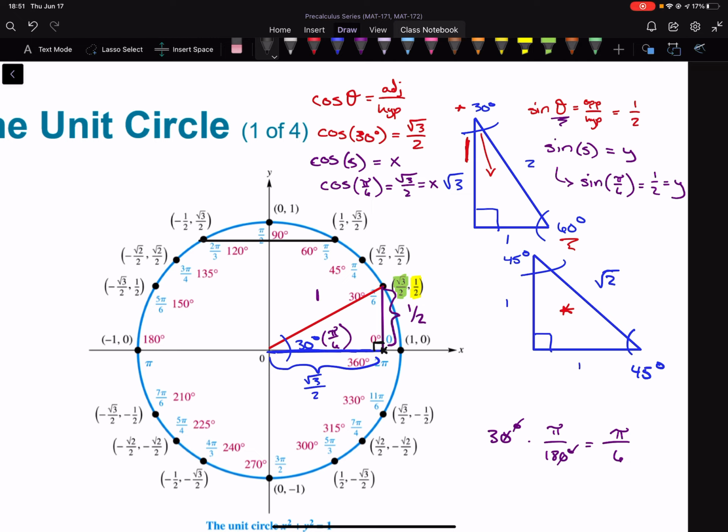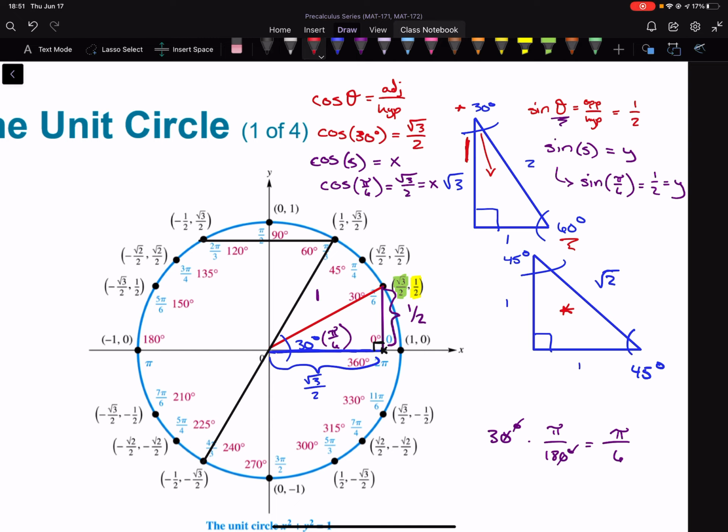If we wanted to go to the third quadrant, we would need to cross through the origin, and crossing through the origin will take us to another set of ordered pairs that are similar.